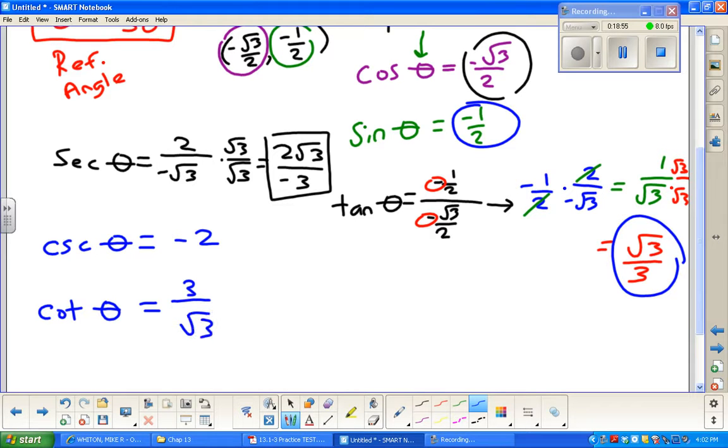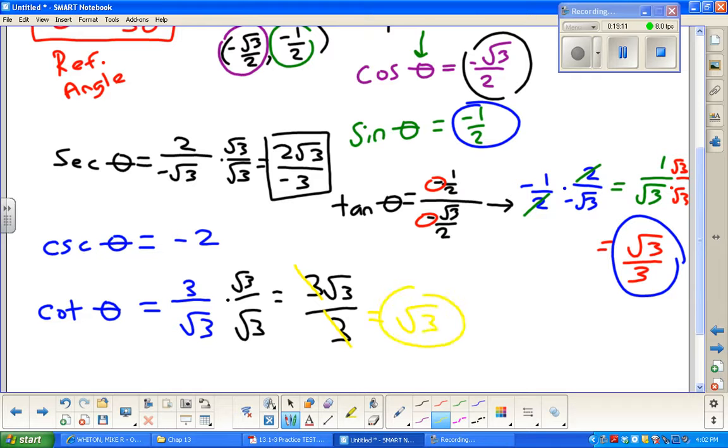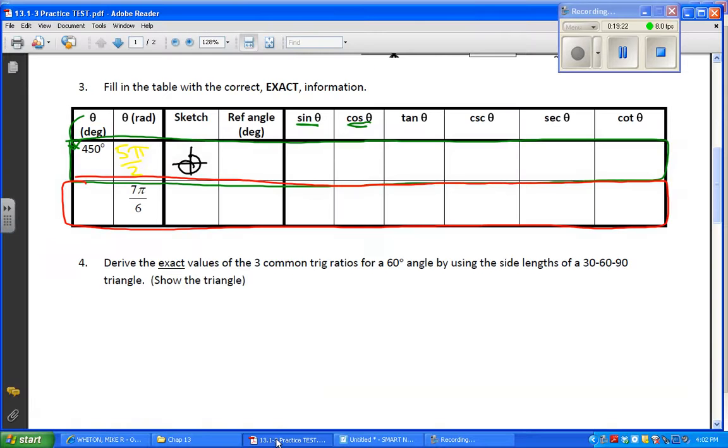Okay, and that needs to be simplified a little bit, so times the root 3 over root 3 just to rationalize, and that'll give you 3 root 3 over 3, but then of course the 3 over 3 cancels, and we just get root 3. And there is your 6 trig ratios for the 7 pi over 6. Okay, so we would just organize those, fill those in the table, and that would be that.